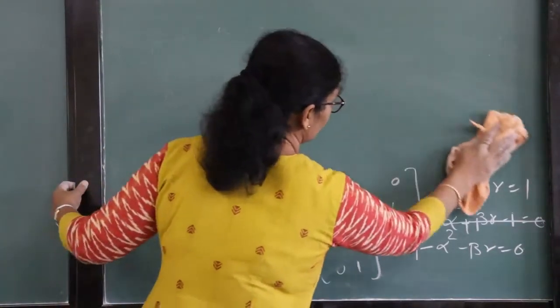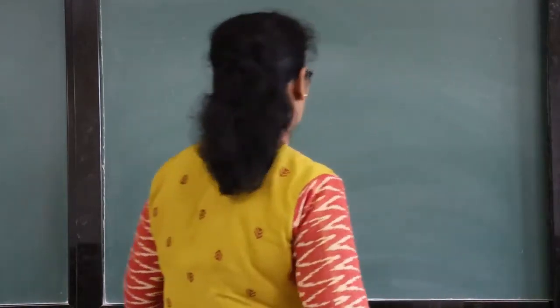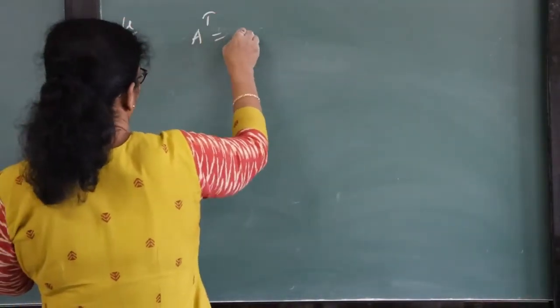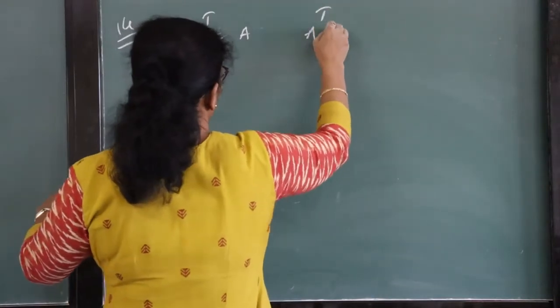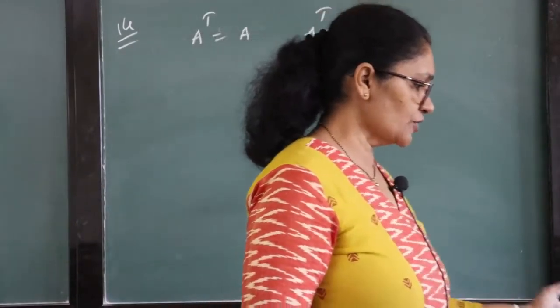Now the 14th one. In the 14th MCQ, matrix A is given as both symmetric and skew symmetric. Remember, matrix A is both, meaning A transpose equal to A and also A transpose equal to minus A. Now what is it possible for?